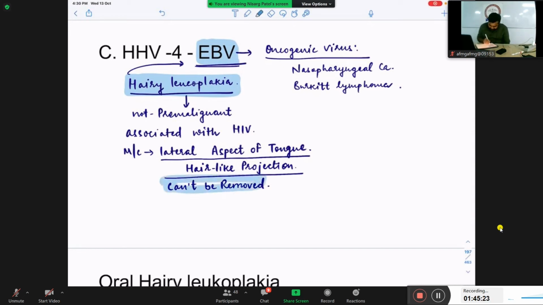So they will give you this point: is it removable or not removable?